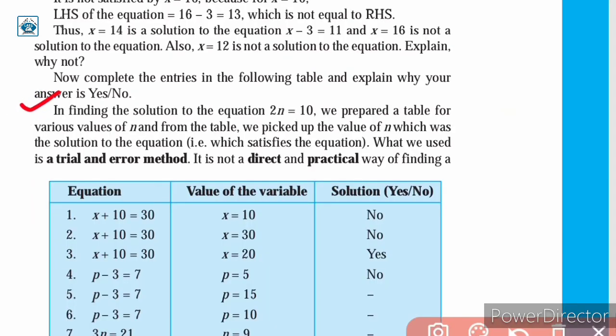In finding the solution to the equation 2n is equal to 10, we previously prepared a table where n had different values, and we substituted them one by one to check whether each satisfies the equation or not. So this method we used is a trial and error method. It is not a direct and practical way of finding a solution to the given equation.